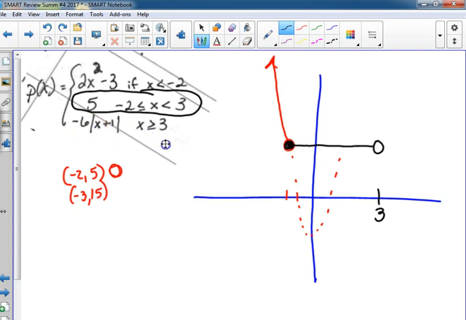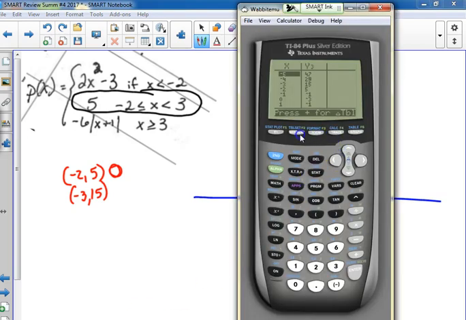Do you want to practice that on the calculator for some ordered pairs or not? How do you do that on the calculator? Okay, it's math, arrow to the right. It's the very first one. Then x plus 1.